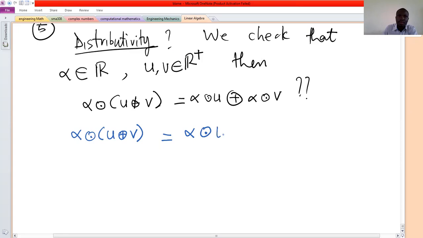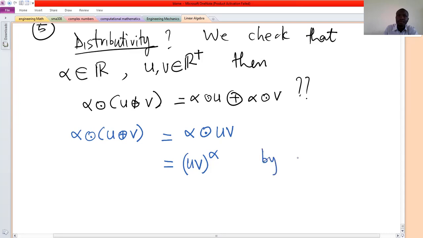So this is uv. And then next step, if you have a scalar multiplying any element in R plus, then the answer is given by taking that element in R plus and raising it to power alpha.